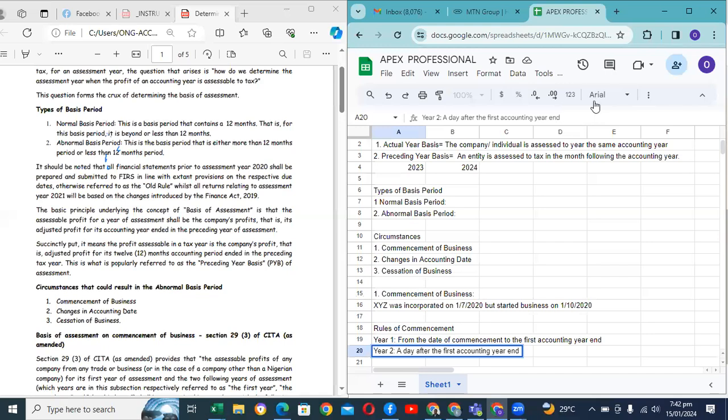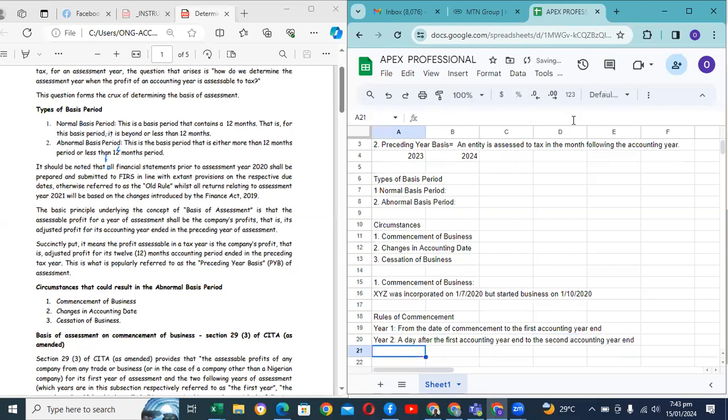So the second accounting year starts a day after the first accounting year end. Then year three starts a day after the second accounting year end.